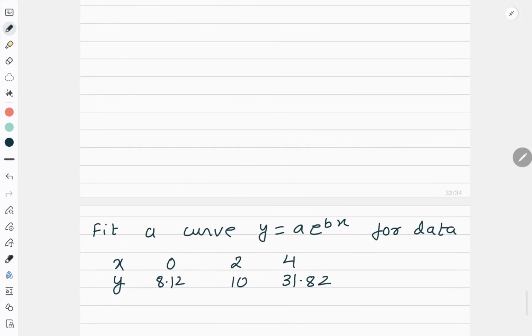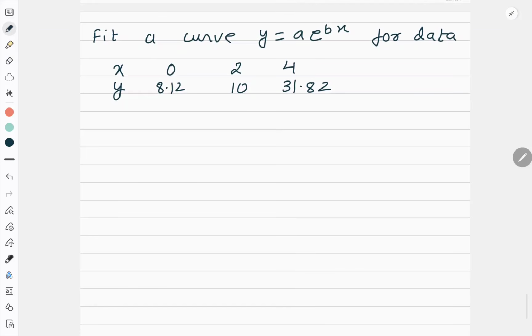Let us see one question to understand it in a much better way. Suppose this is given. Step 1, I need to fit the curve y is equal to a e to the power bx. So I'll write log y is equal to log a plus log e to the power bx, which is bx. So Y is equal to A plus bx, which is a straight line.